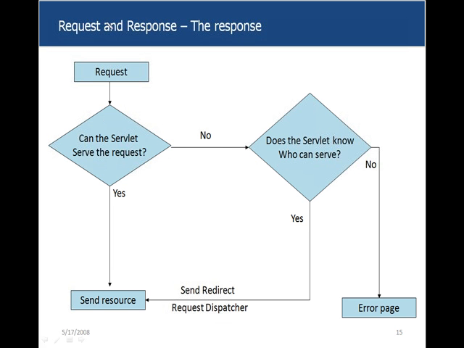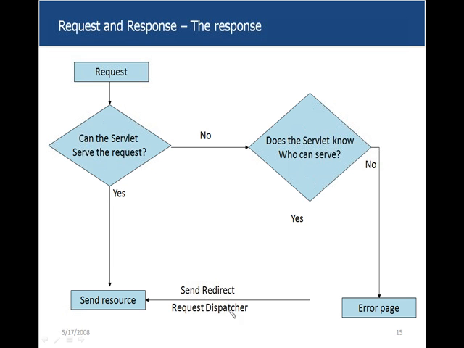So what happens here? Let's see. My ABC servlet cannot serve the request, but does the servlet know who can? Yes, it knows that the XYZ servlet can serve the request. So it sends the response back to the client by talking to the XYZ servlet.